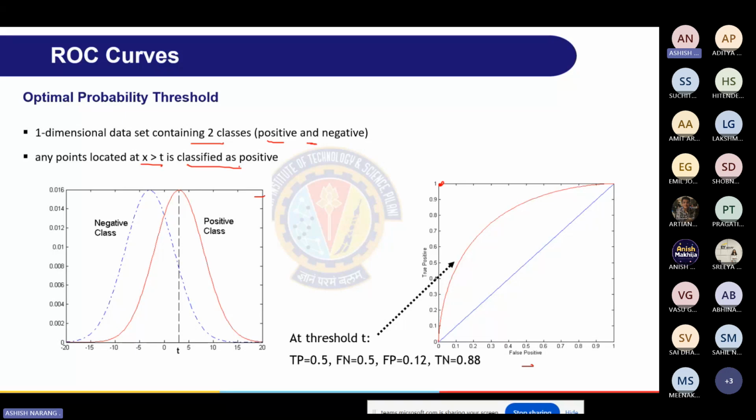And if I go by this curve, this will be even better because the point is closer to this. So at some points, where we are getting a TPR close to 0.8 or 0.9 and an FPR of 0.2, this is a good fit.